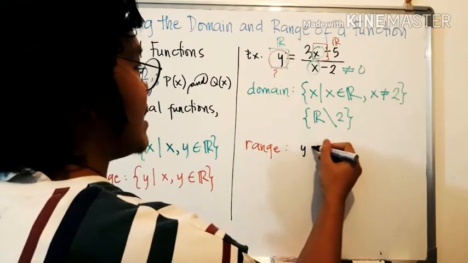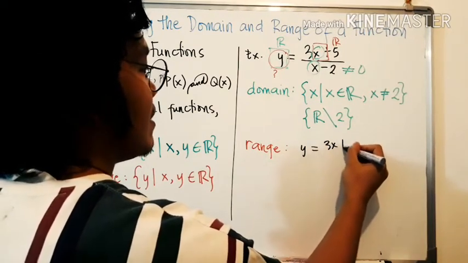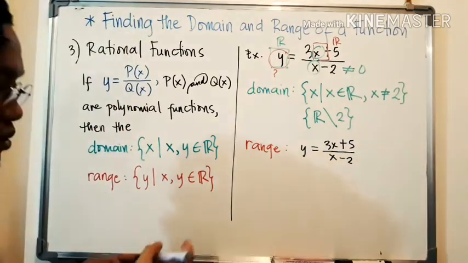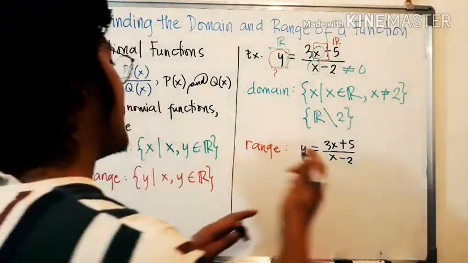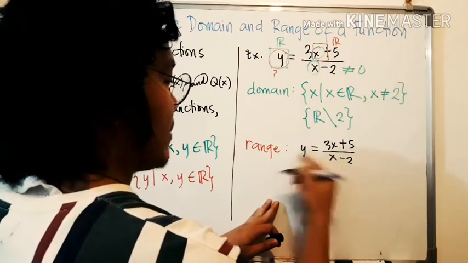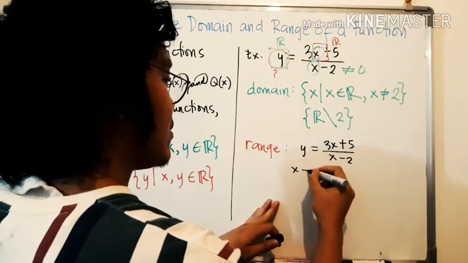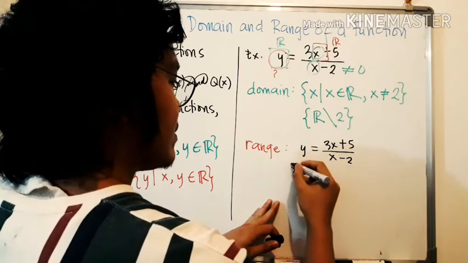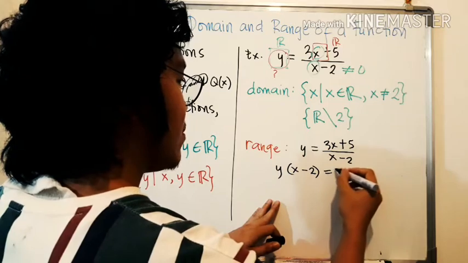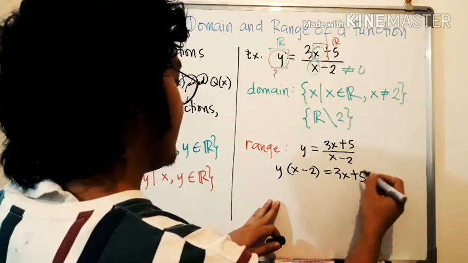Okay, so kopyahin muna natin. So, we have y is equal to 3x plus 5 over x minus 2. So, we are to solve for x in terms of y. So, we get, let's manipulate this. We have x minus 2 times y equals 3x plus 5.